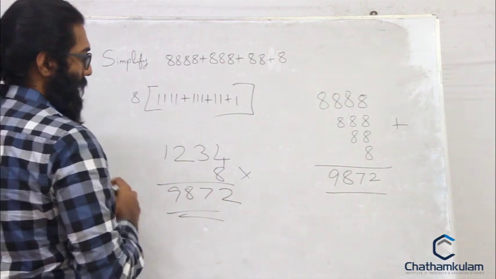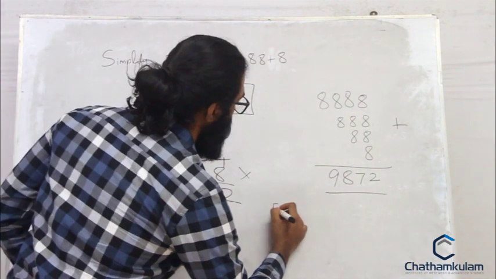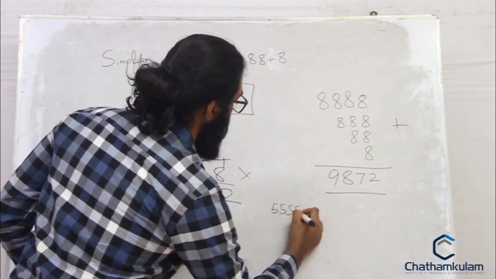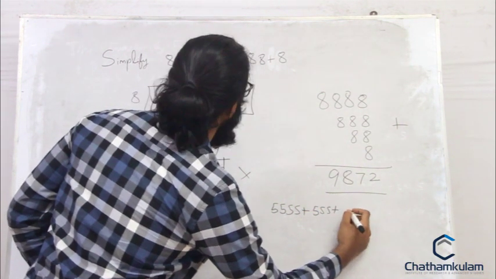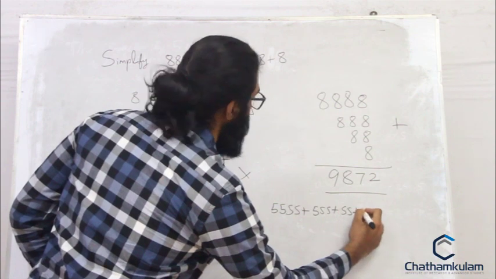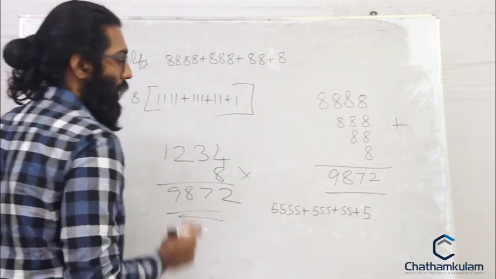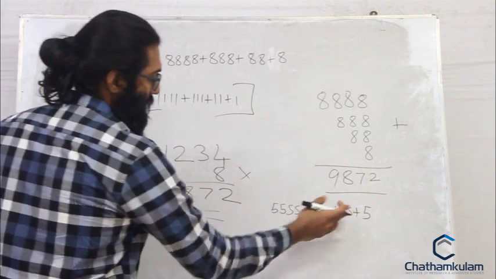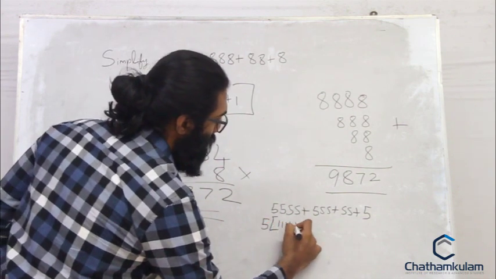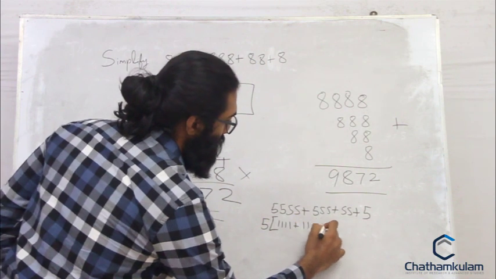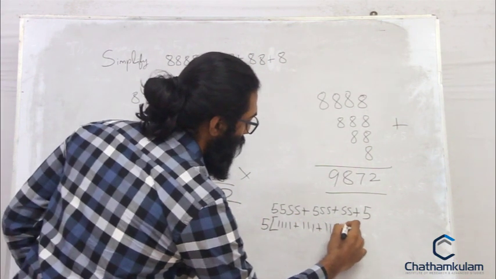So let's take another example. Say we have 5555 plus 555 plus 55 plus 5. So here is how we do the addition. We take the 5 outside and we get 111 plus 111 plus 11 plus 1.